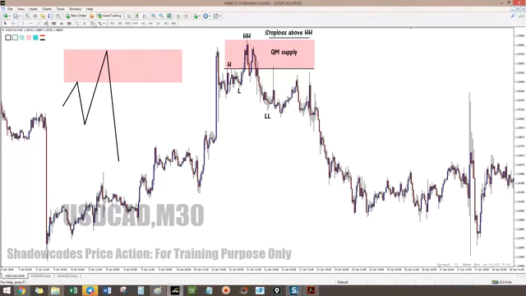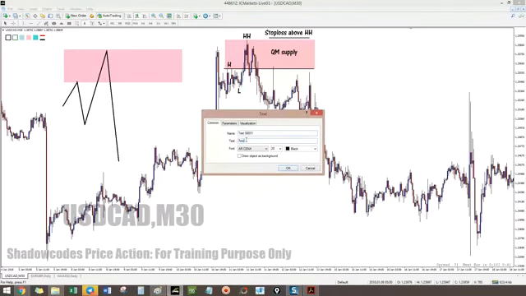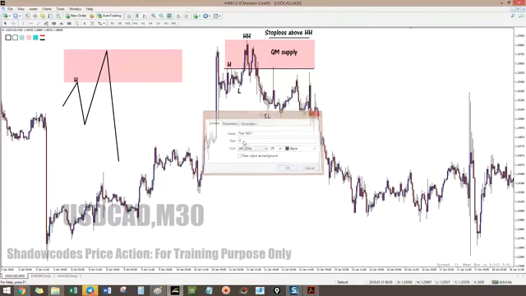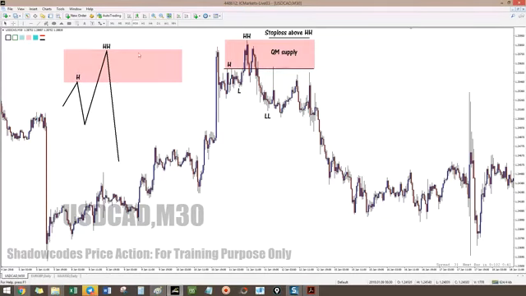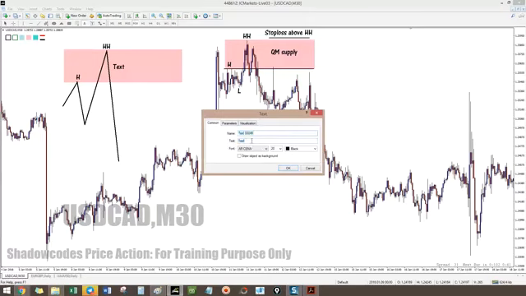From high to higher high. This is your zone. Zone is between high and higher high.